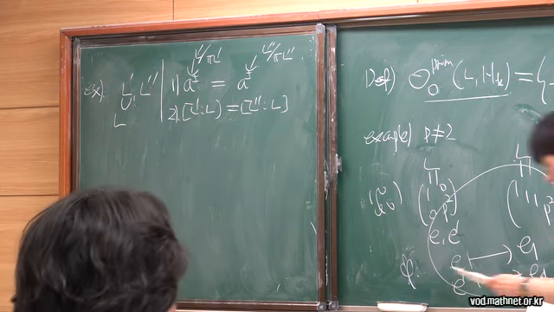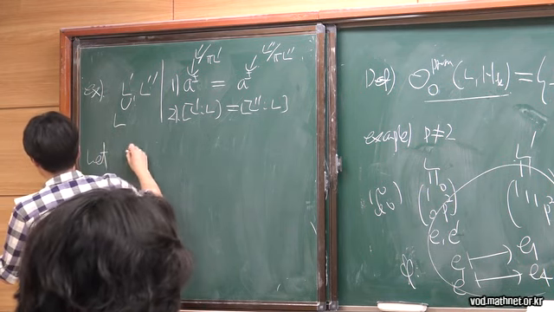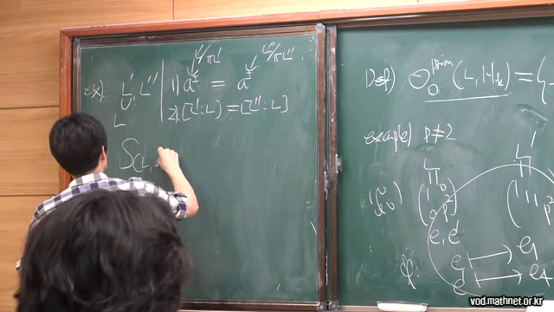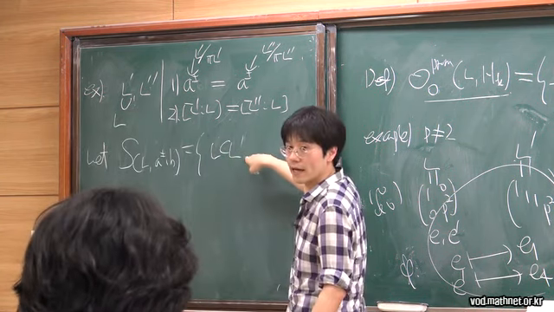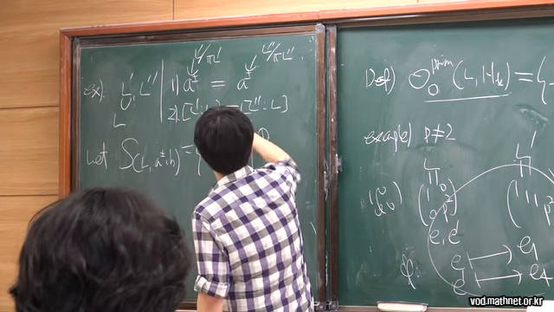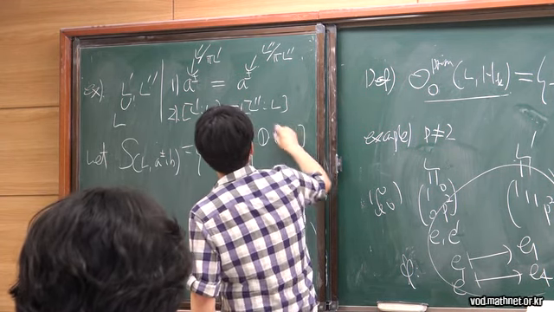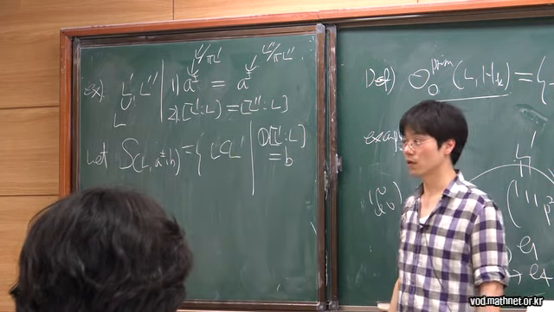Therefore, it is reasonable to consider the following set. I will define the following set. This is the set of all lattices including L satisfying two conditions. The first condition is that the degree of L' over L is fixed to be B. B is an integer; I fix this.